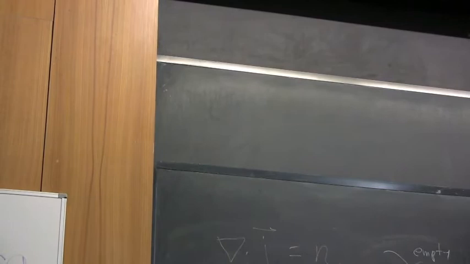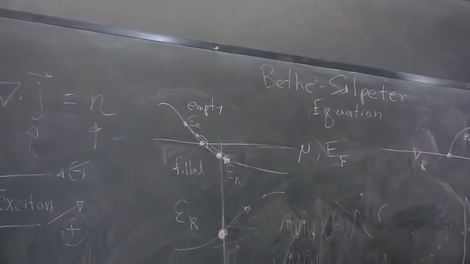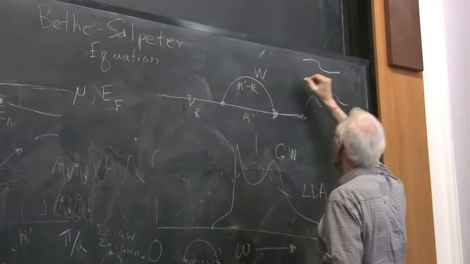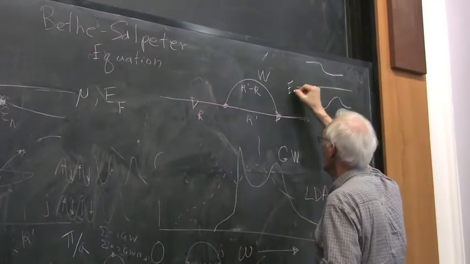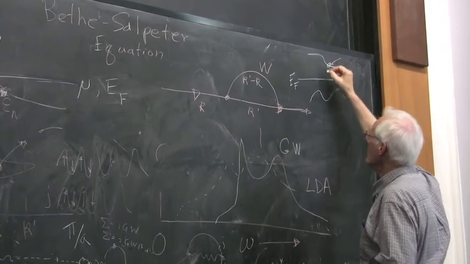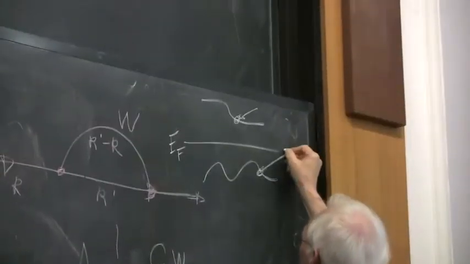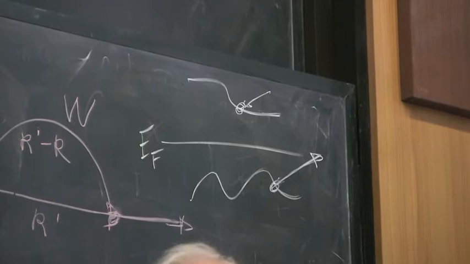I just goofed, but let me do this on the board, and I hope you haven't forgotten. Remember what GW meant. It meant this business of band structure and the Fermi energy, and putting electrons in or taking them out, but not both at the same time.